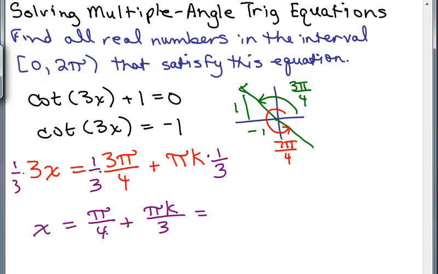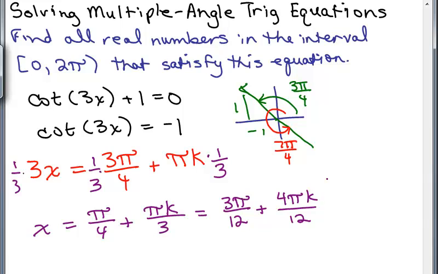If I would not have canceled the 3's here, where I had 1/3 of 3 pi over 4, there's your 3 pi over 12 right there. And for the second one, I'm going to have to multiply by 4 over 4, so that will give me 4 pi k over 12.